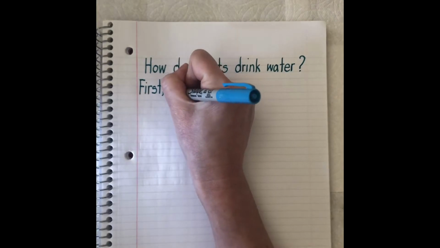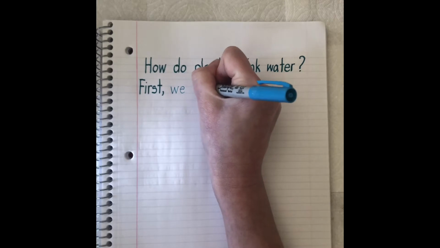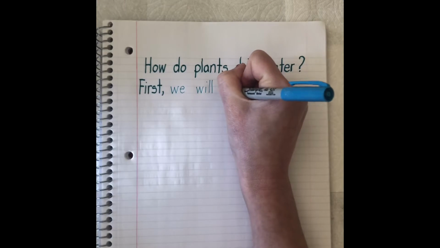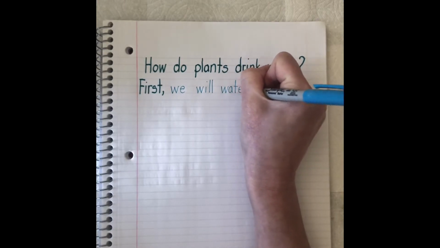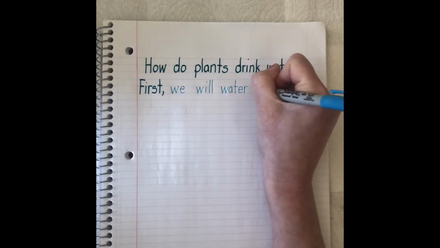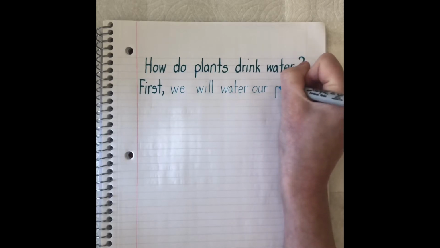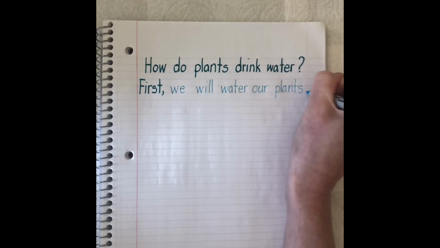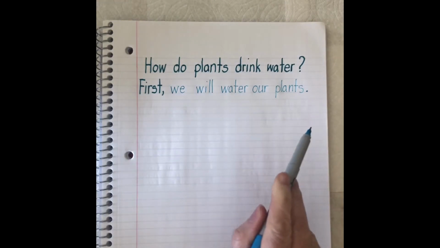First, we will water our plants. I need to remember to put a period at the end of my sentence. First, we will water our plants.